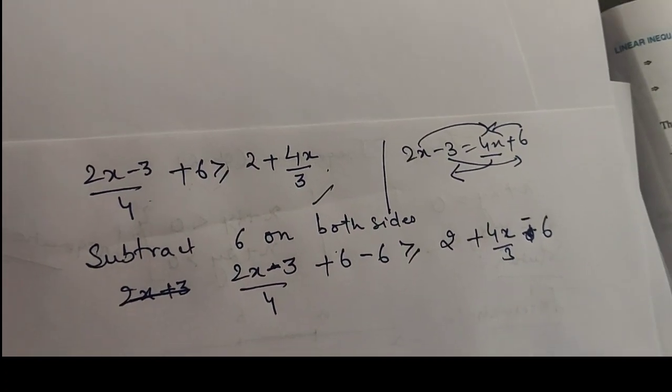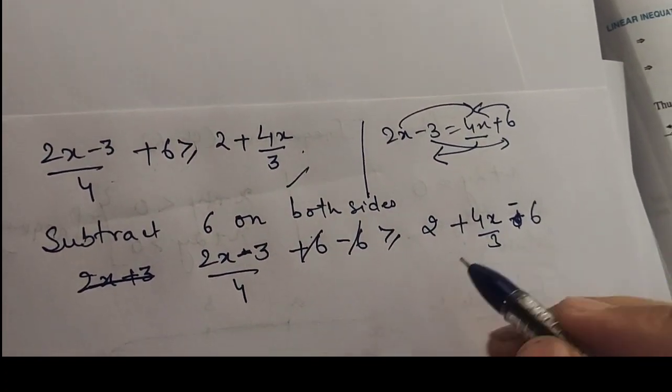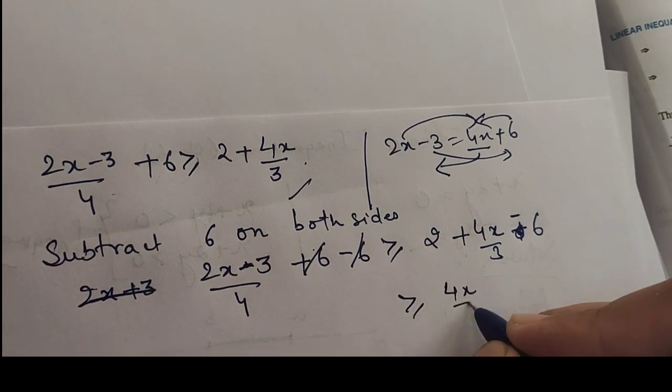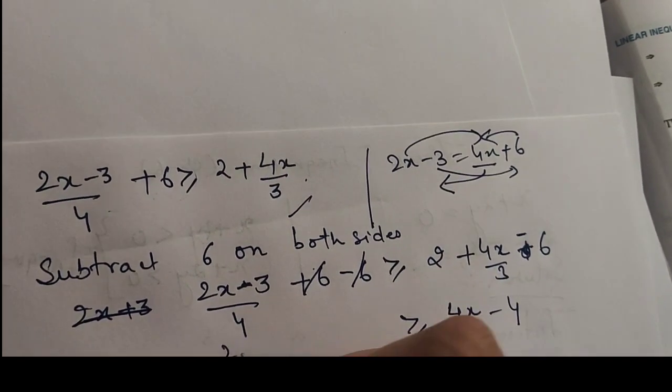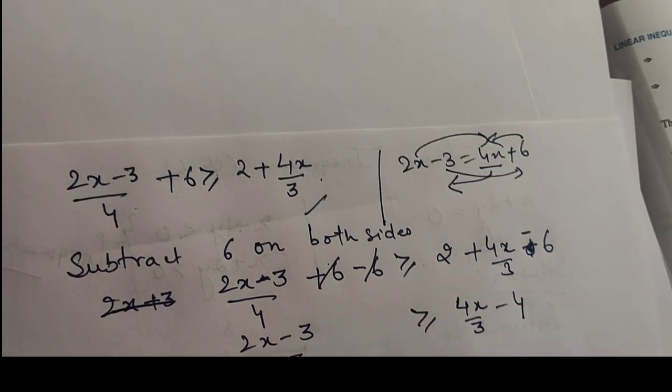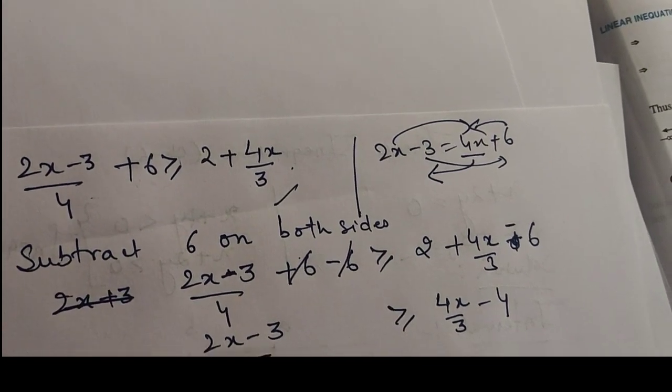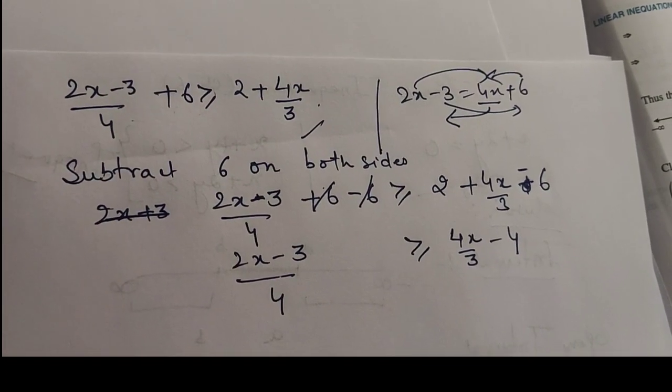Okay, here they cancel each other, and here you have minus 4, 4x by 3 minus 4 and 2x minus 3 by 4. Again you have to multiply both sides by 4.